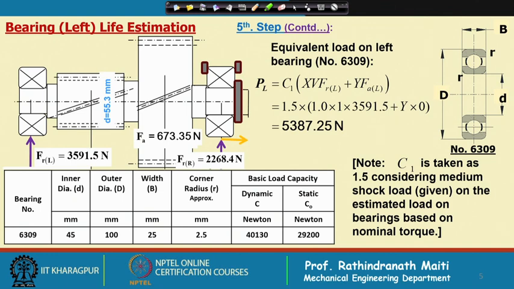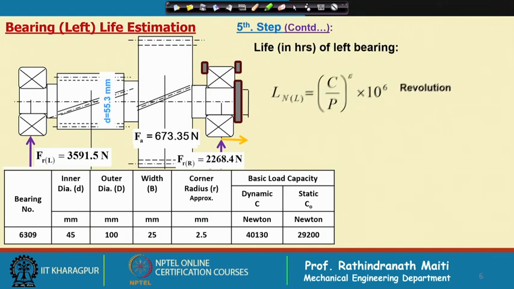However, with these values, what we find is that on the left hand bearing the equivalent load is 5387.25 Newton. This is much less than the static load carrying capacity. So, apparently it looks very satisfactory, but now we have to calculate the life of the bearing.